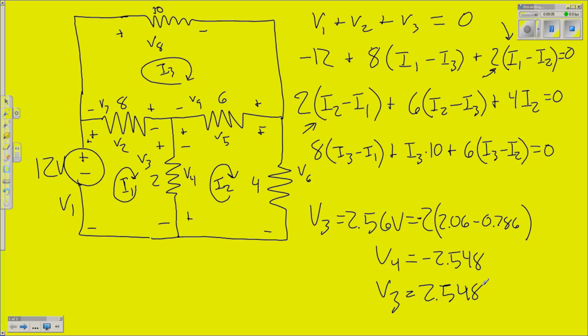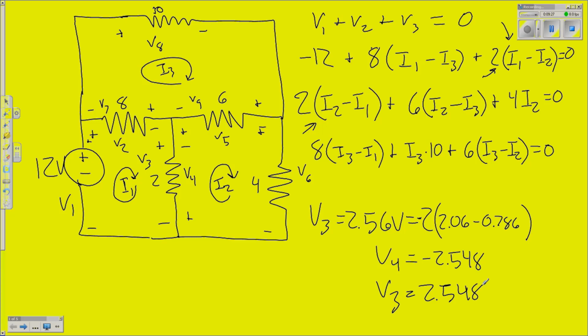And that holds up, right? V4 equals negative V3 and vice versa. So what we've done here is we've replaced these voltages with a difference in currents. This one's a little more abstract, I think, than the node voltage, but it's just as valuable of a tool.